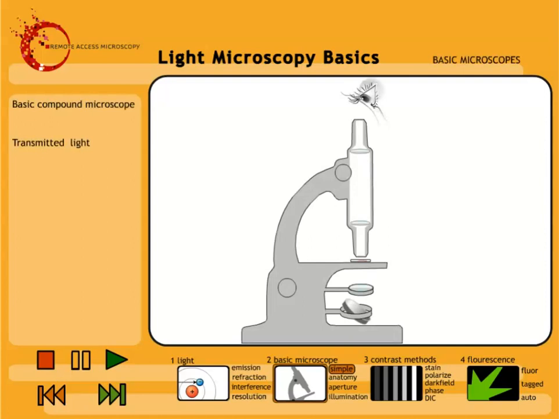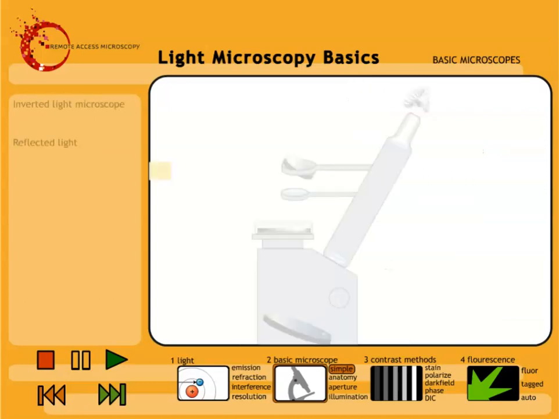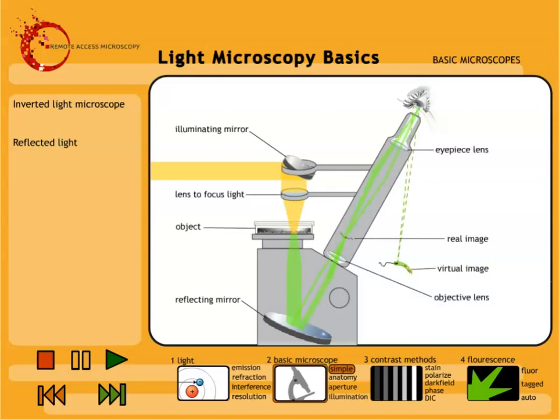The discovery of the law of refraction in 1621 made possible the development of the compound microscope. The basic compound microscope consisted of 2 convex lenses in series, an objective lens close to the specimen, and an eyepiece lens near the observer's eye. Light microscopes may illuminate the sample from the opposite side of the lenses, known as transmitted light, or illuminate the sample from the same side as the image-forming lenses, known as reflected light.